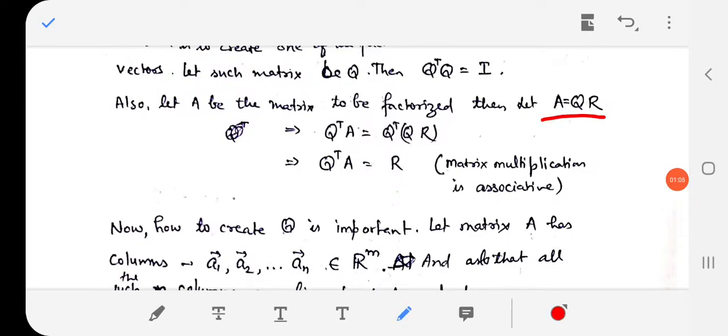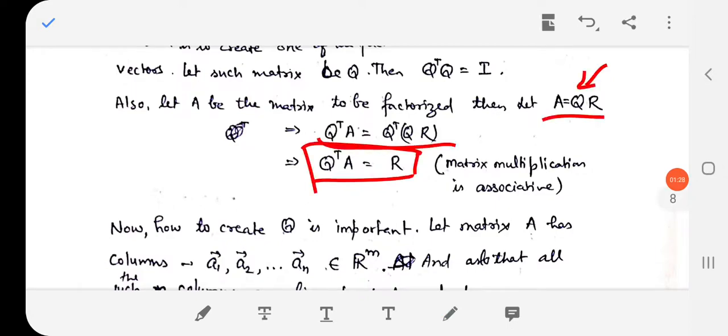Then Q is the orthonormal matrix, and if you multiply the whole thing by Q transpose, you will get a simple and elegant solution for R. So now the idea is to create it as follows.